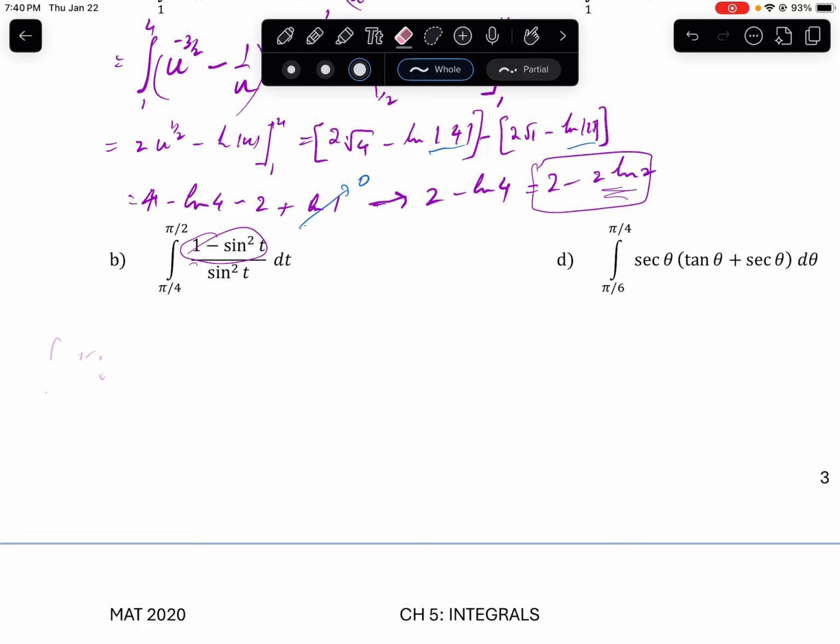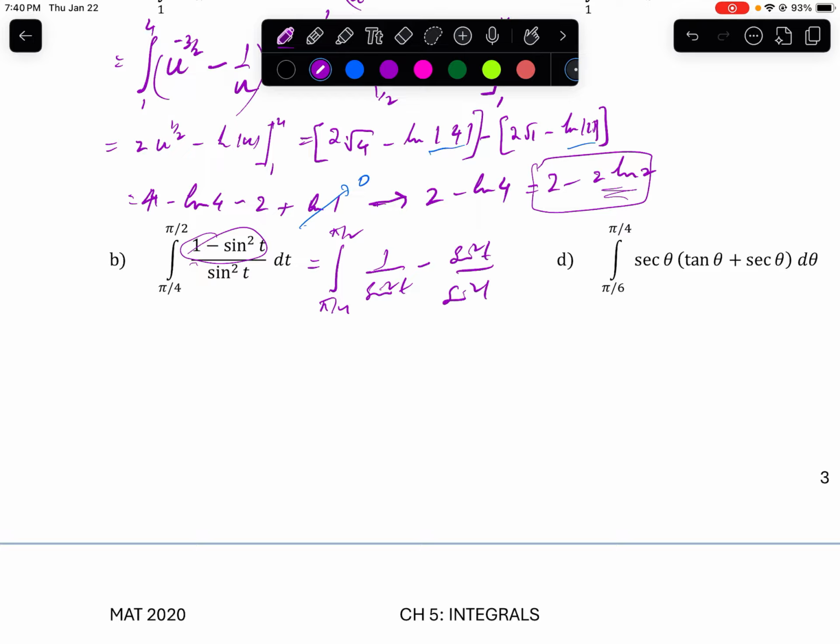So what else can I do? Well, the stuff that we have been doing until now. Split it. So pi over 4 to pi over 2. I can write it as 1 over sine squared t minus sine squared t over sine squared t dt, which will be equal to the integral from pi over 4 to pi over 2. Now 1 over sine squared t.